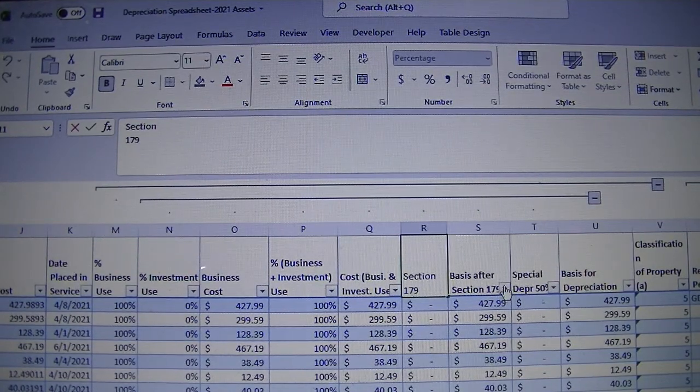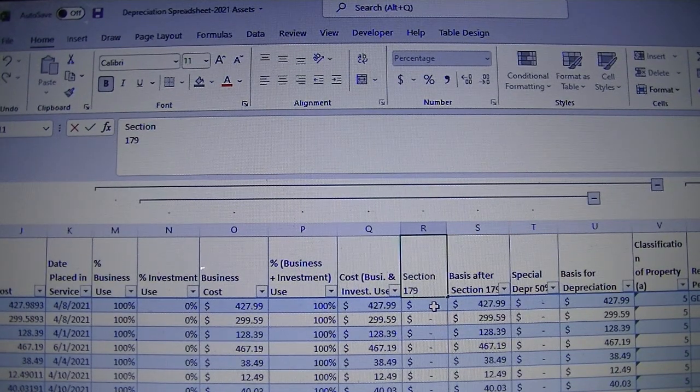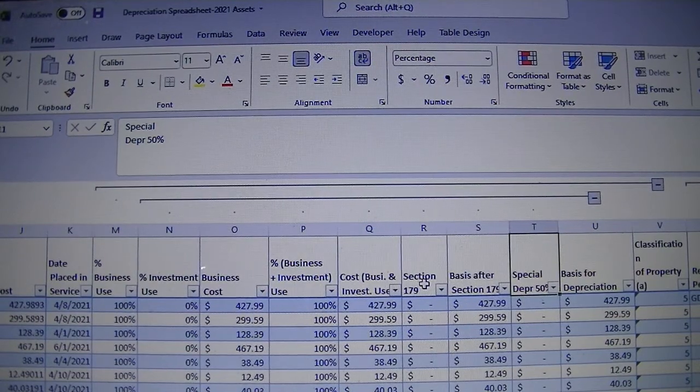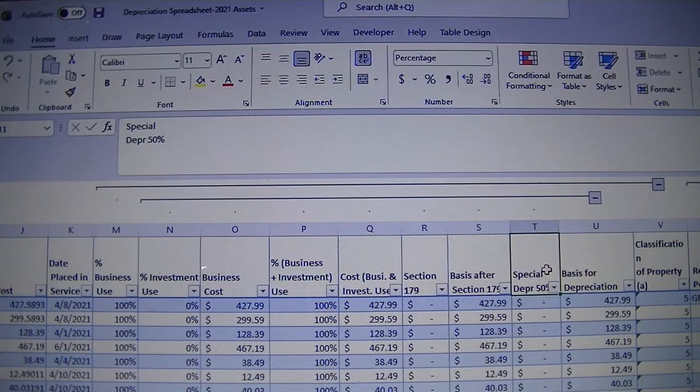I do not take those depreciation. At the beginning of your business, it may not make sense to take them if your profit is low. But if you have a high profit, it might be a good idea to look into those type of extra section 179 deduction and special depreciation.